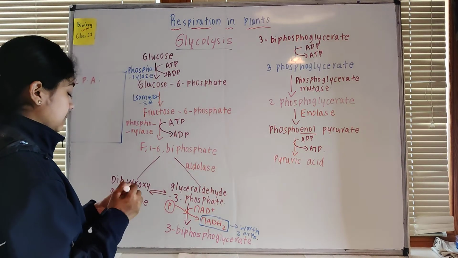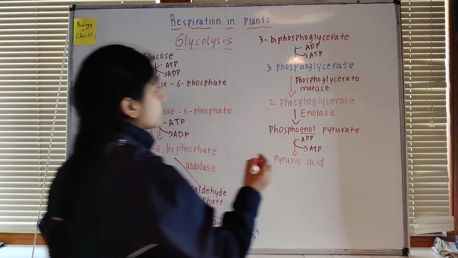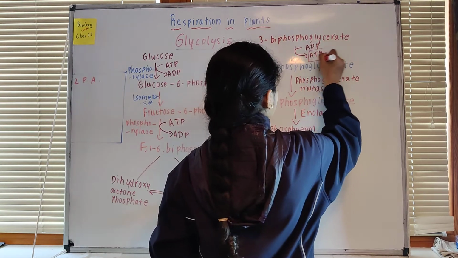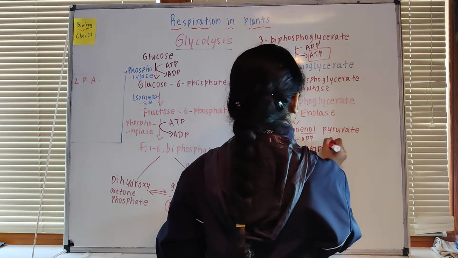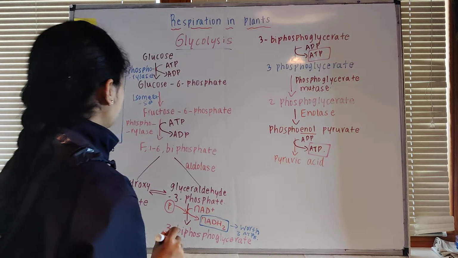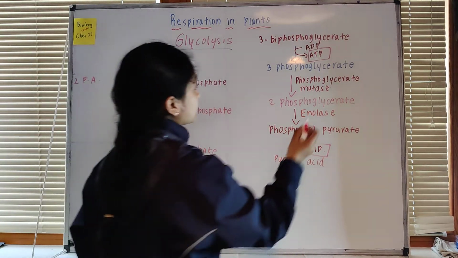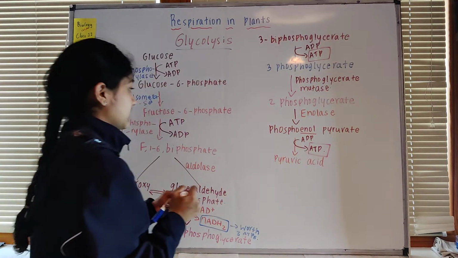Now let's count ATPs. So we have one ATP here and we have another ATP here. These are the ATPs that are getting synthesized, not invested but synthesized. We have 2 ATPs which are getting synthesized.